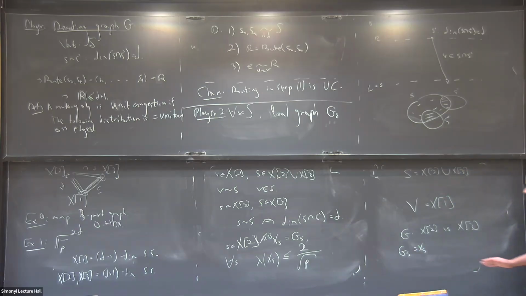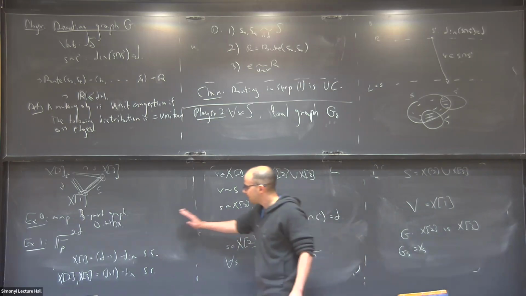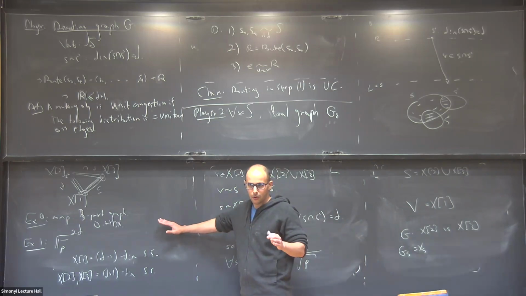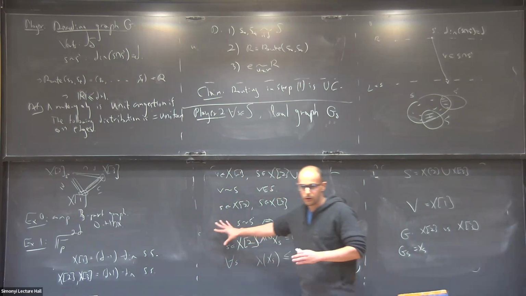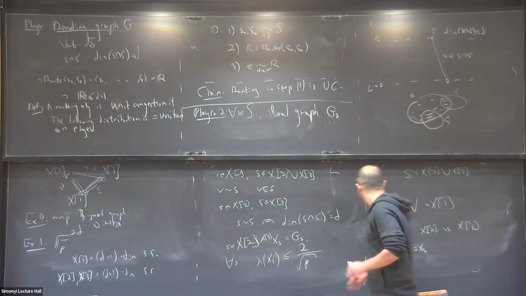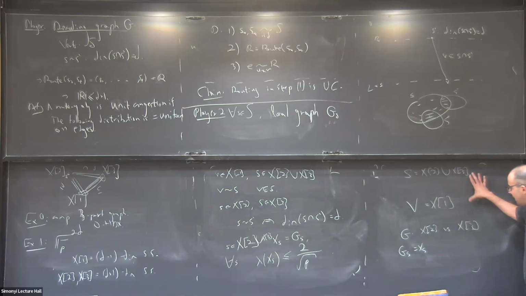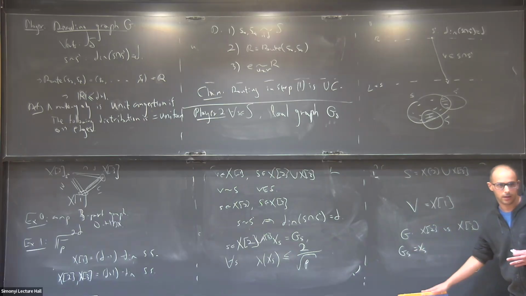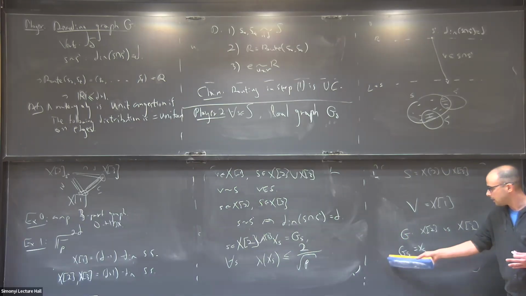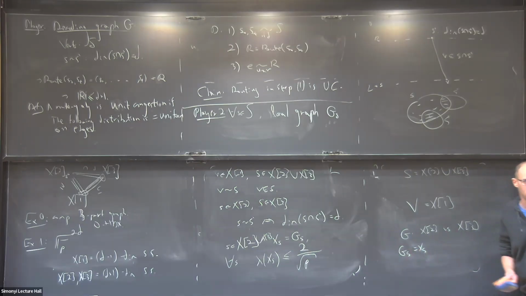So we're going to think about this example of the baby code, which arises from this weird HDX that I described. And now we're going to switch the HDX, but still use the same ideas. So this is going to be one side, this is going to be the other, and these are going to be the graph and the decoding graph and the local graph that I will consider.